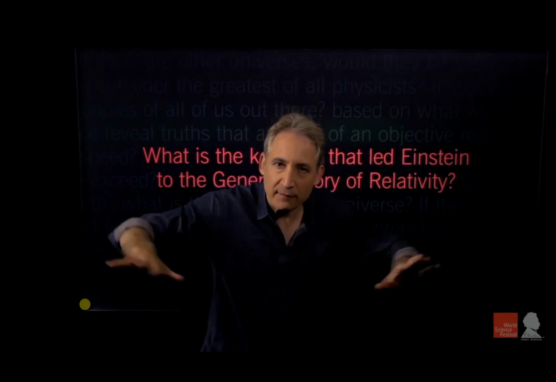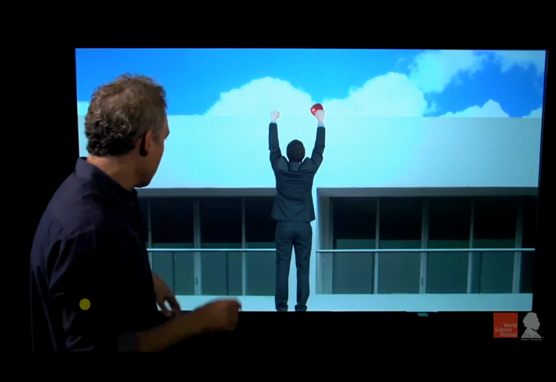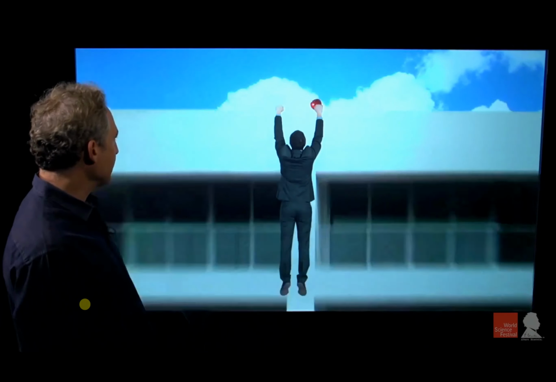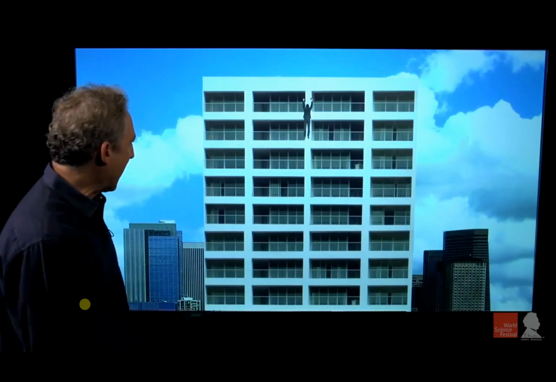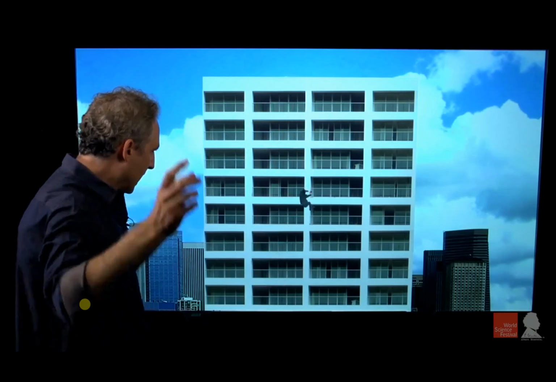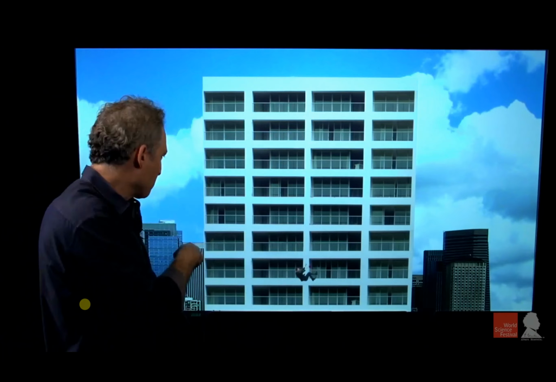That individual would feel weightless, like they're floating in outer space. Let me show you what I mean. So let's take our protagonist over here, hanging from the roof of a building, holding on, as you see, to a little apple. So the individual goes into free fall motion, and I want you to look at how the apple appears from his perspective.